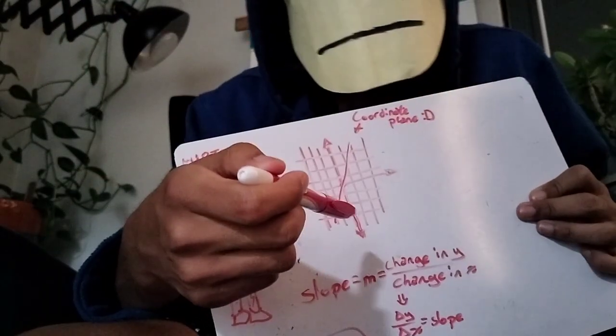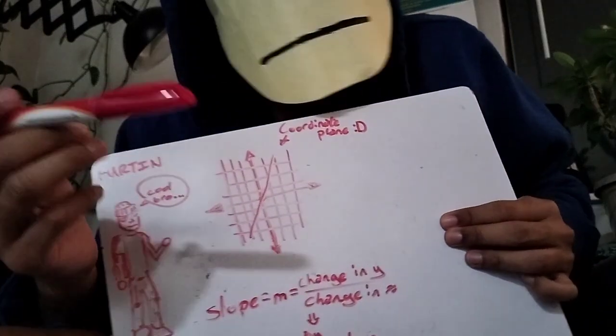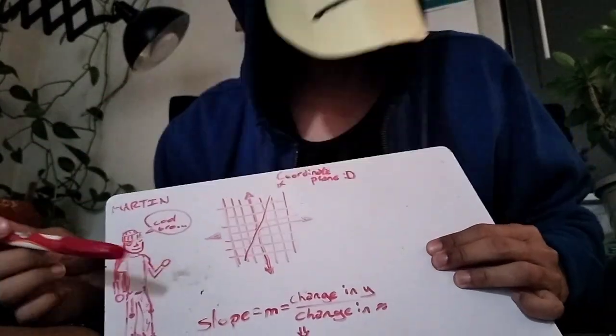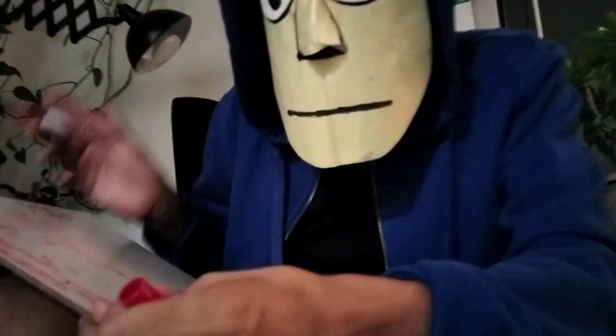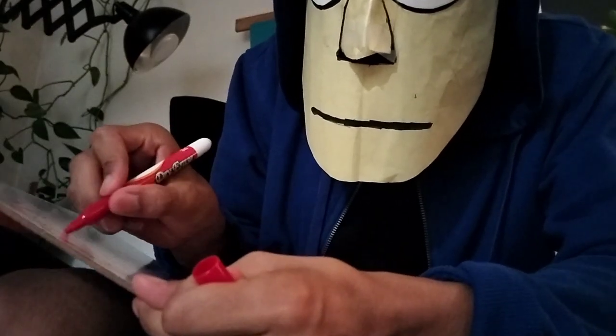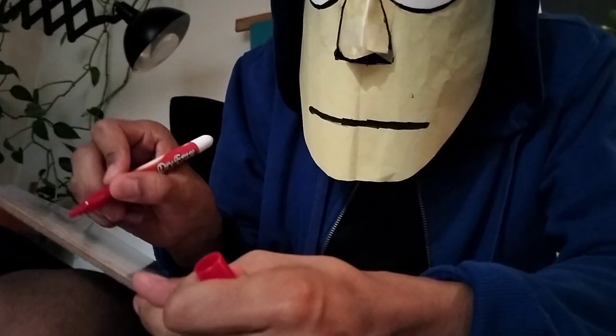So here in slope land, Martin, this guy right here, does a lot of fun things, using grappling hooks, which is like a famous Suicide Squad character you might have known. It's called a slipknot.